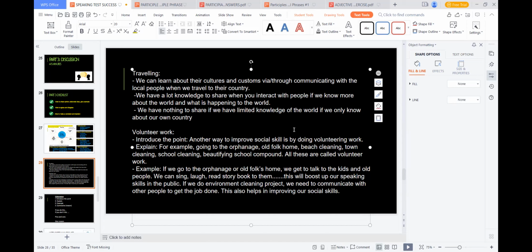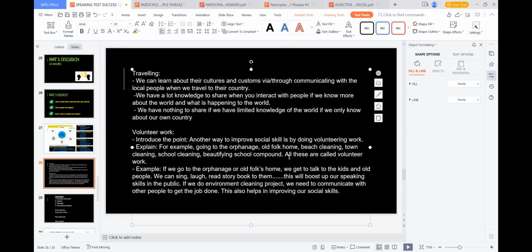Another way to improve social skills is by doing volunteering work. For example, going to the orphanage, old folks home, beach cleaning, town cleaning, school cleaning, beautifying school compound. All these are considered volunteer work. Good job.